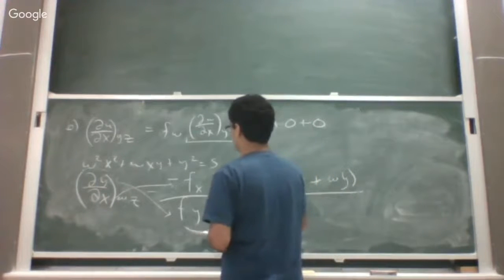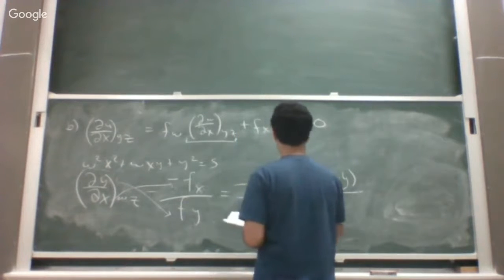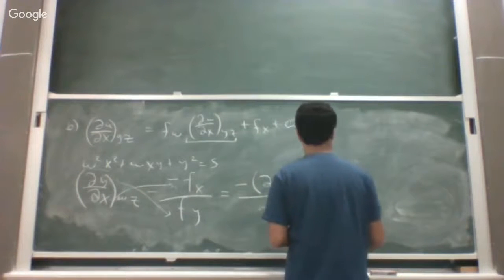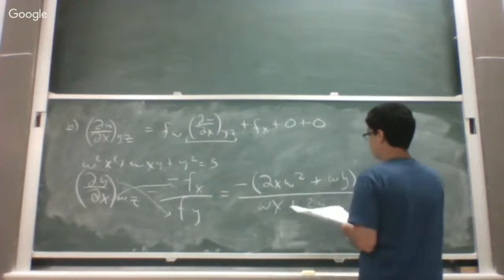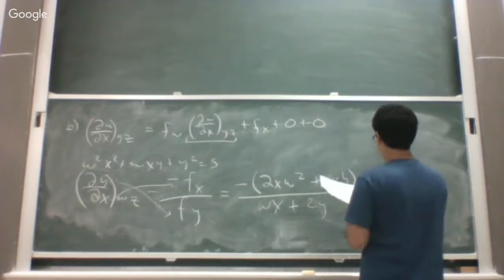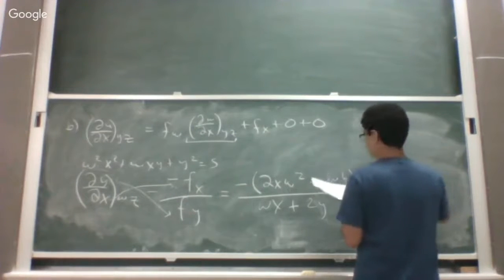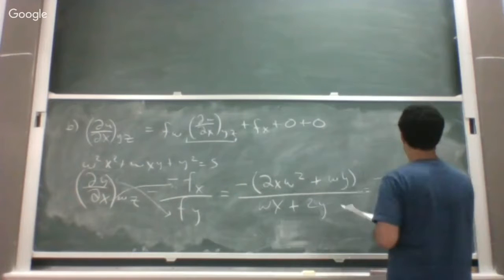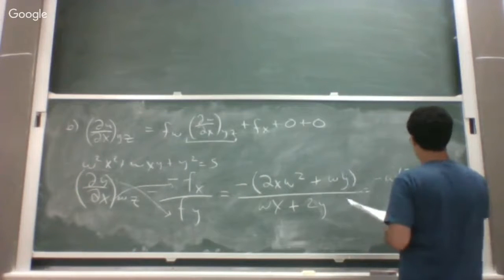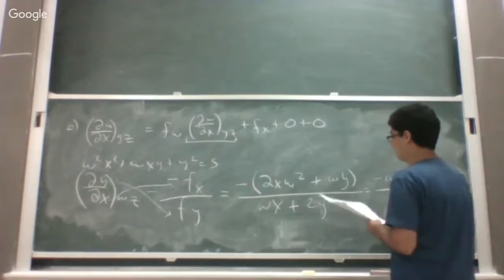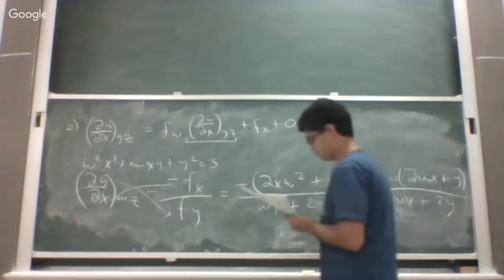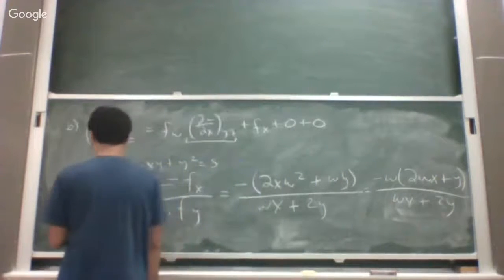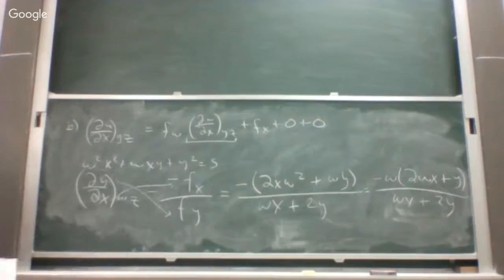So it's wx plus 2y. So we can take out a w, so negative w times 2wx plus y divided by wx plus 2y. And that is it for that.